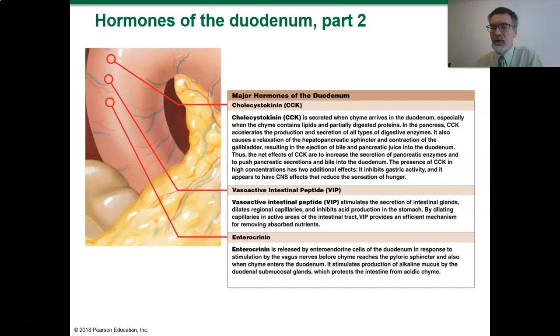So this is going to help with nutrient absorption as well as inhibiting gastric activity, because as we move into the intestinal phase, we don't need as much gastric activity. We're still going to release chyme from the stomach into the intestines, but we don't need to secrete large amounts of acid into the stomach because we've completed the gastric phase and are now moving into the intestinal phase, right?